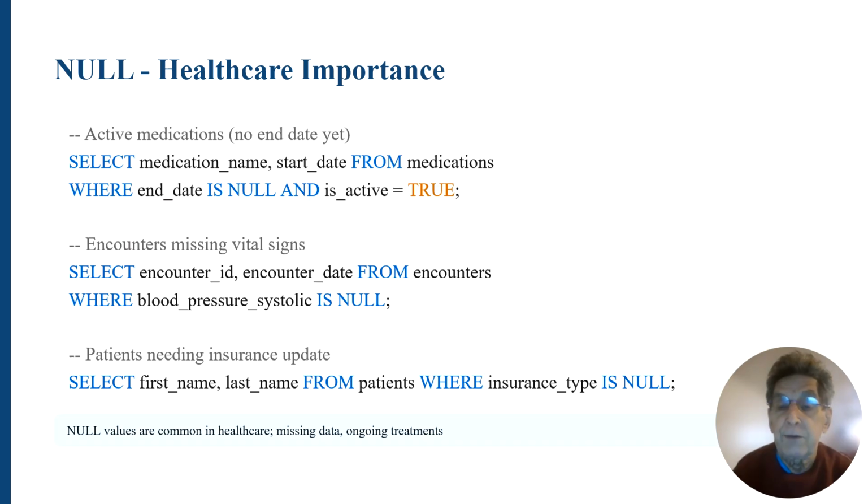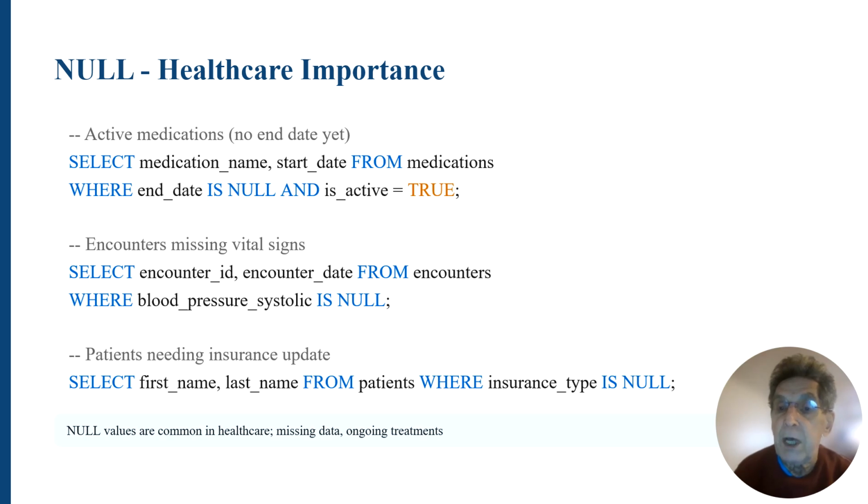First example, let's find active medications. A medication without an end date, where end date IS NULL, is typically still active. Combined with checking that is active is true, this query finds current medications for patients. Another example, finding encounters with missing vital signs.